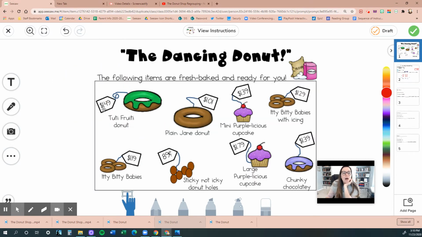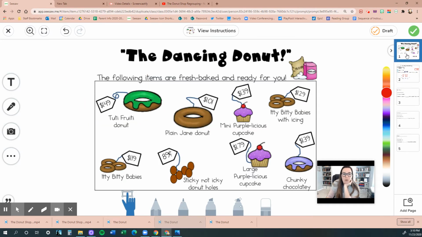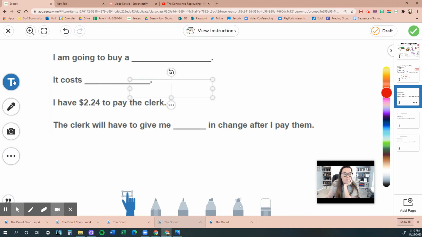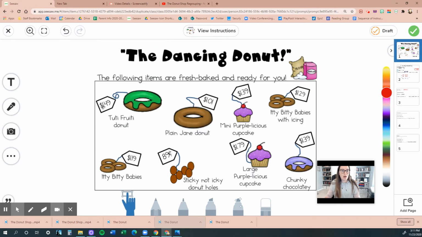Let me see, we have $2.24 to pay the clerk. So let's buy a Tutti Frutti donut. I'm going to buy a Tutti Frutti donut.